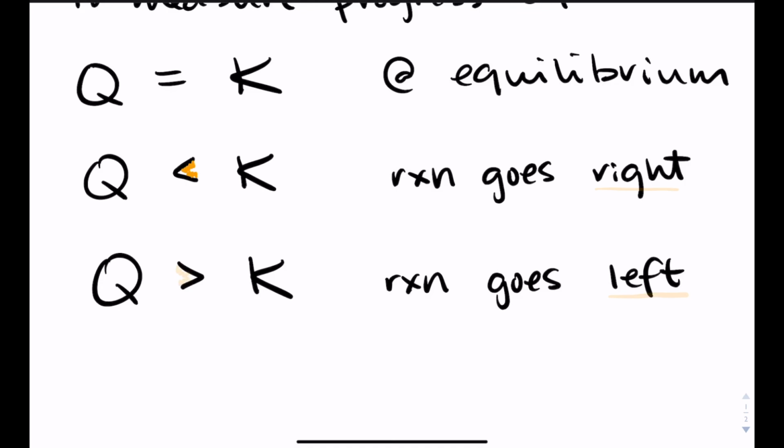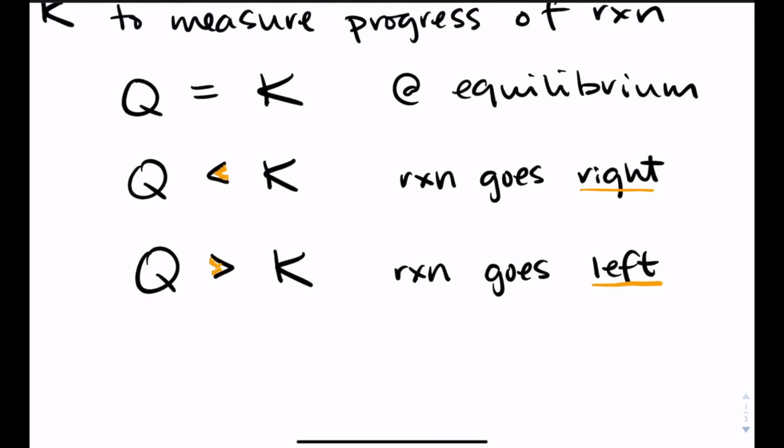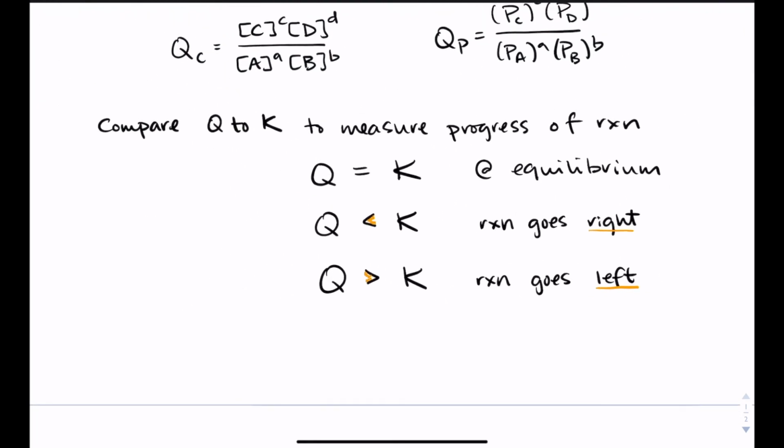Q greater than K, mathematically, means numerator is too big compared to denominator. I have too much product. My reaction is going to go to the left to get rid of some of it. With Q greater than K, the little chompy mouth that has the teeth in it is pointed at the left. So my reaction would go to the left.